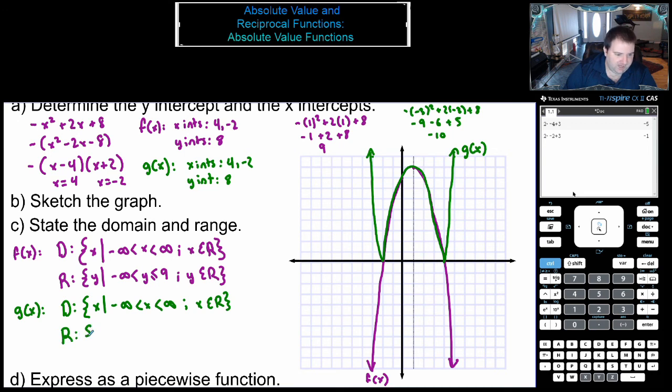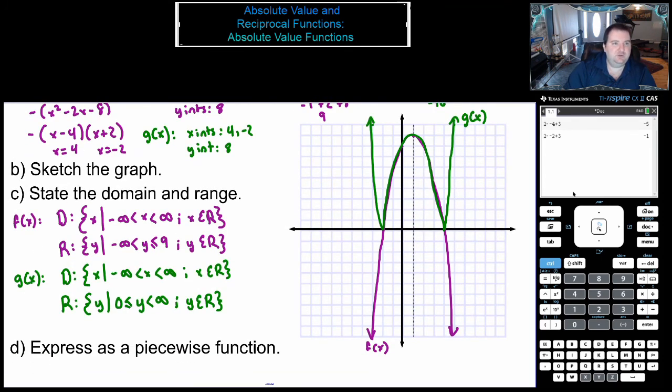Well, this one changed. So y such that. Now what happened? There's no negative values. So it's from 0 to infinity. So our smallest number is 0, and we can be equal to that, so y is greater than or equal to that, and less than infinity. And of course, y is an element of real numbers again. And there we go. We have our domain and our range.